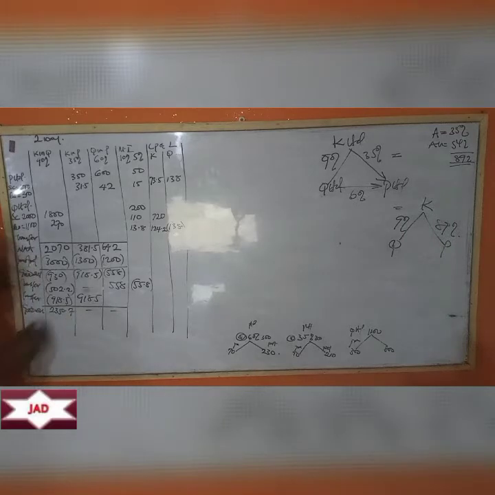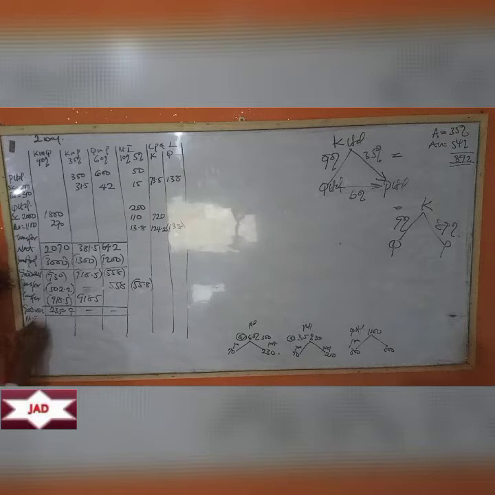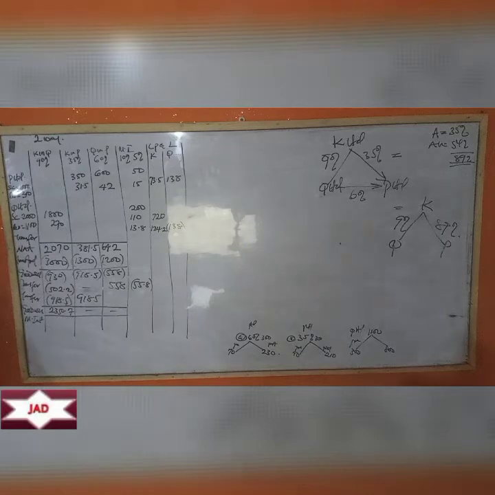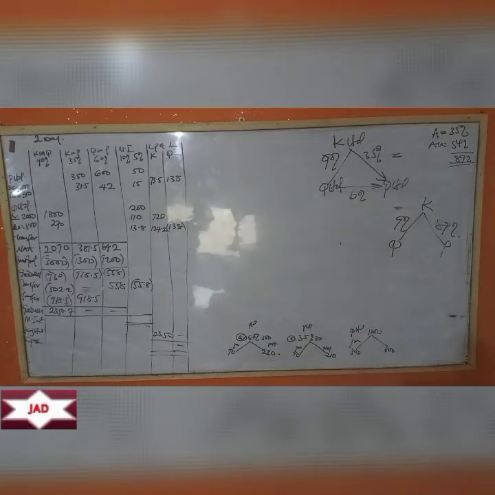So this is the goodwill. Now we have minority interest. So we add up everything here: 50 plus 50 plus 15 plus 110 plus 13.8 minus 558, then I think there's plus what's there? 200.